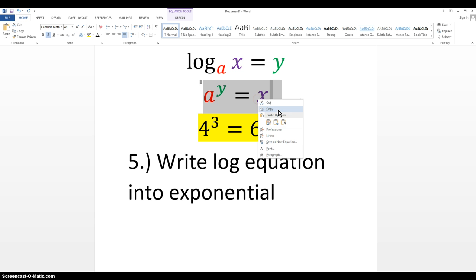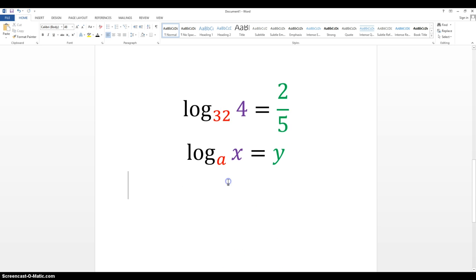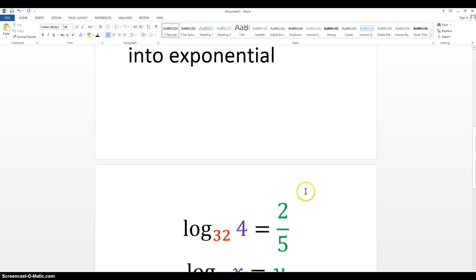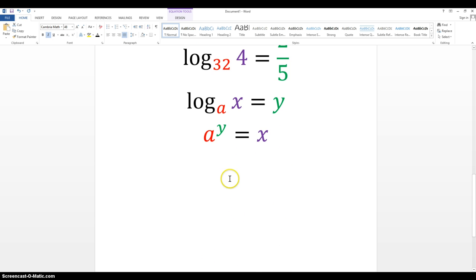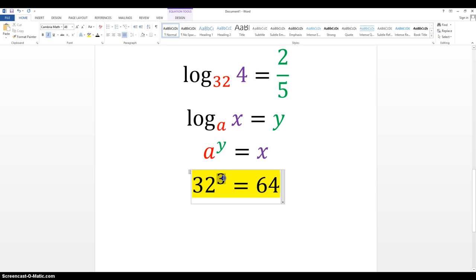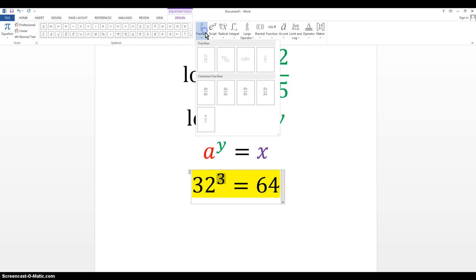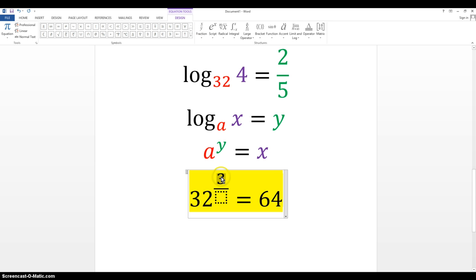So I'm going to go ahead and copy and paste my exponential format, which is A to the Y equals X. And the last thing you just need to do is just go ahead and substitute what those letters are. So in this case, my A is what? 32. My Y is what? Excellent, 2 over 5.